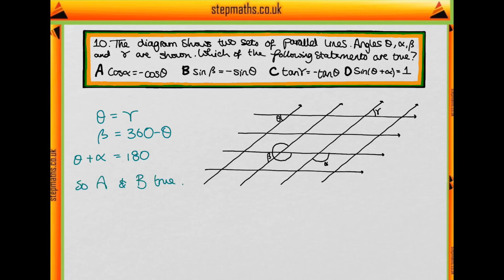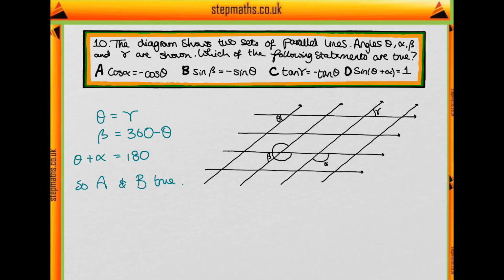And so from this we know that A and B are true. Alpha plus theta is equal to 180, which means that cos alpha is equal to minus cos theta. Similarly, beta is equal to 360 minus theta, and so sine beta is equal to minus sine theta, so A and B are true.